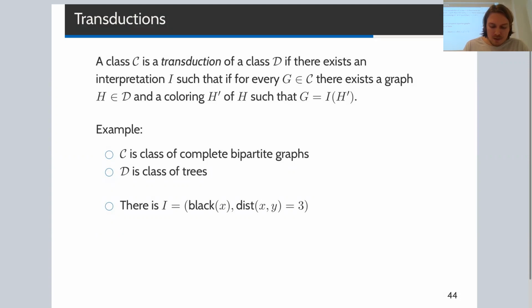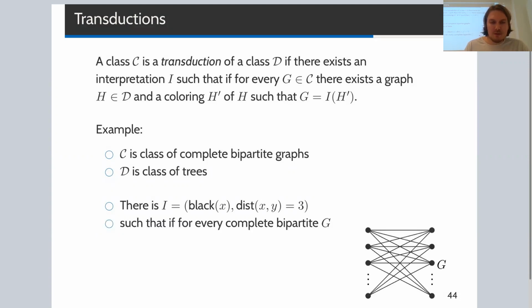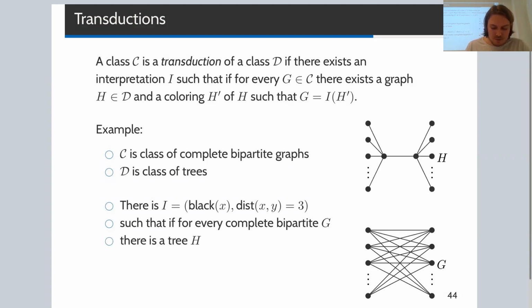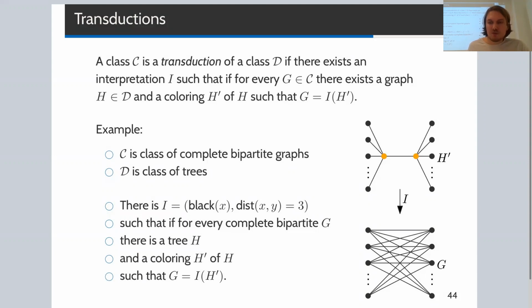And the next line says such that for every graph in C, so let's take an arbitrary complete bipartite graph G, there exists a graph H in D. So here's our graph H. And the coloring H prime of H is just going to color these two vertices as orange, such that G is an interpretation of H prime.